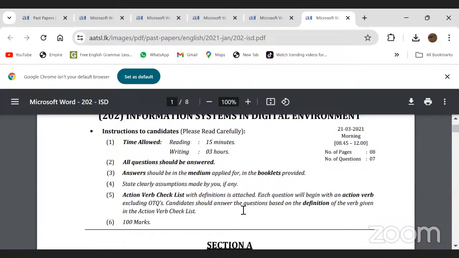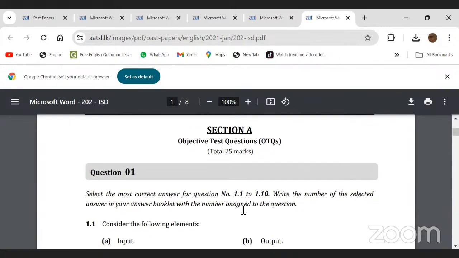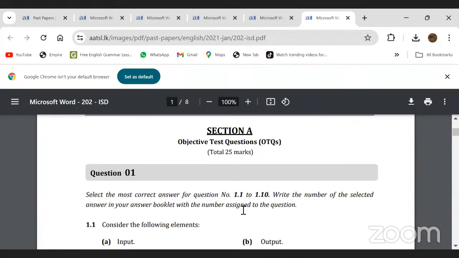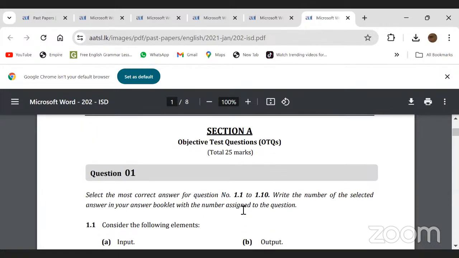You don't have any selections. You can ignore questions, but due to that, you will lose some marks.